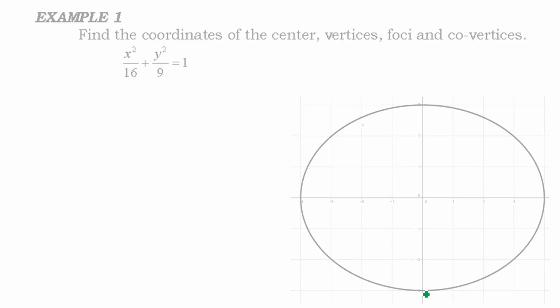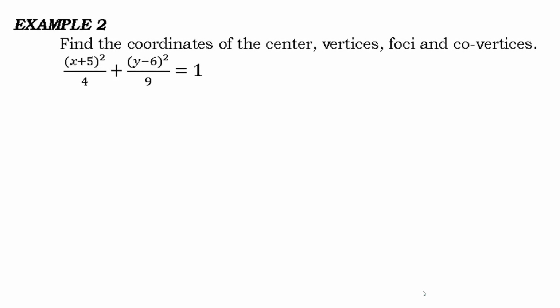Let's have second example. Find the coordinates of the center, vertices, foci, and co-vertices of the squared quantity x plus 5 over 4 plus the squared quantity of y minus 6 over 9 equals 1. So here, we can see na the center is not at the origin. So in other words, our h would be negative 5, and our k would be 6.